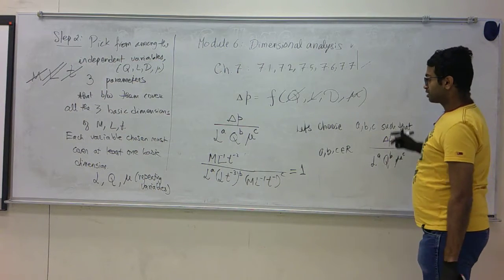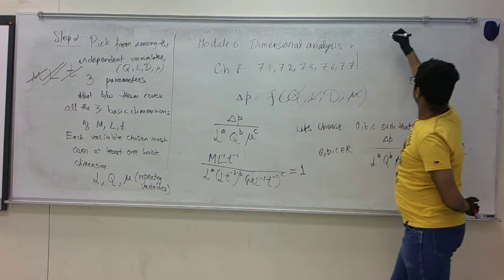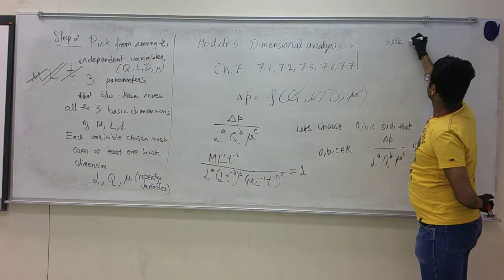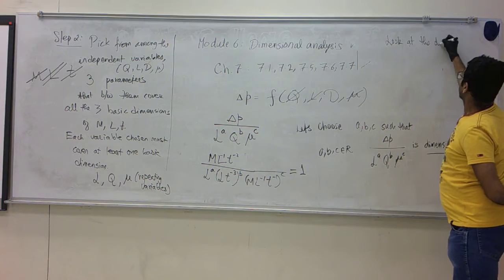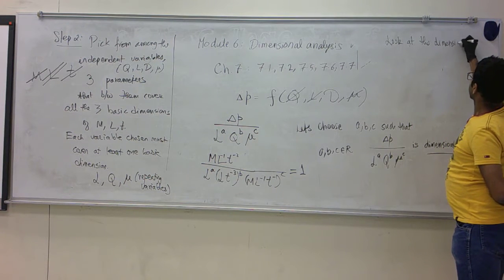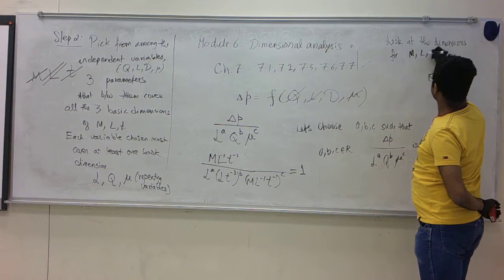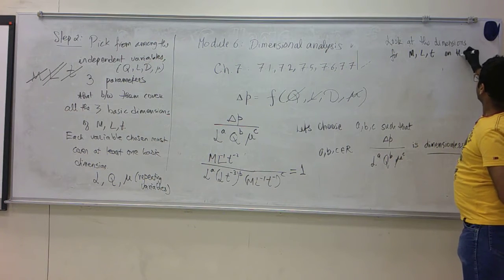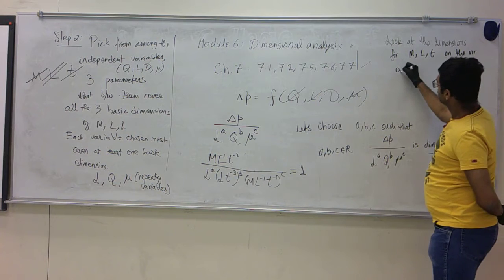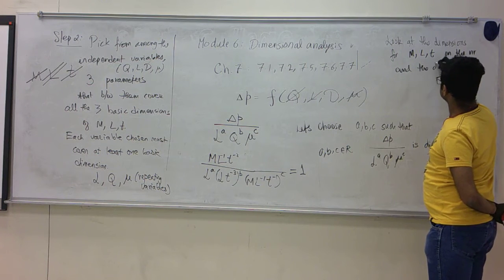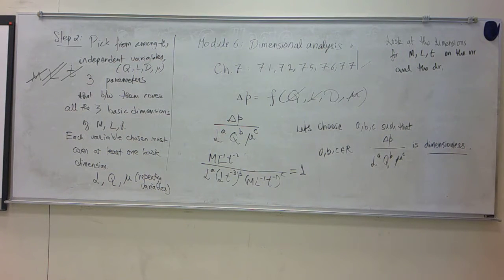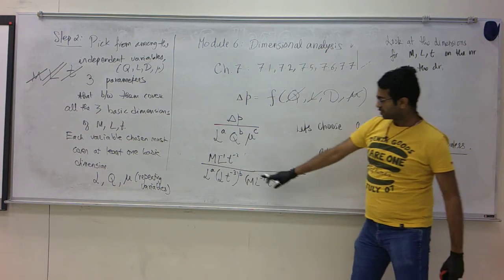So if that is my constraint, look at the dimensions for mass, length and time on the numerator and the denominator. Let's look at mass first.